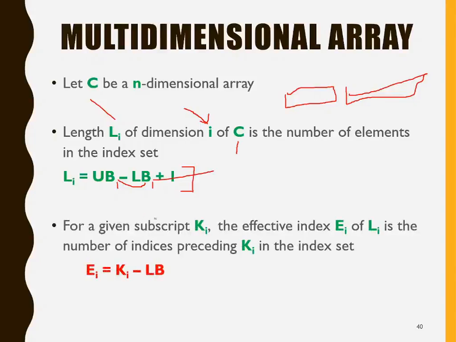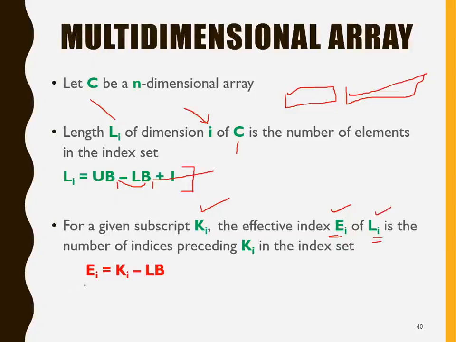And in this case, for a given subscript ki, we have to calculate the effective index based on that given dimension. Effective index means the index position ei in that particular dimension, as per the length in the given dimension i.